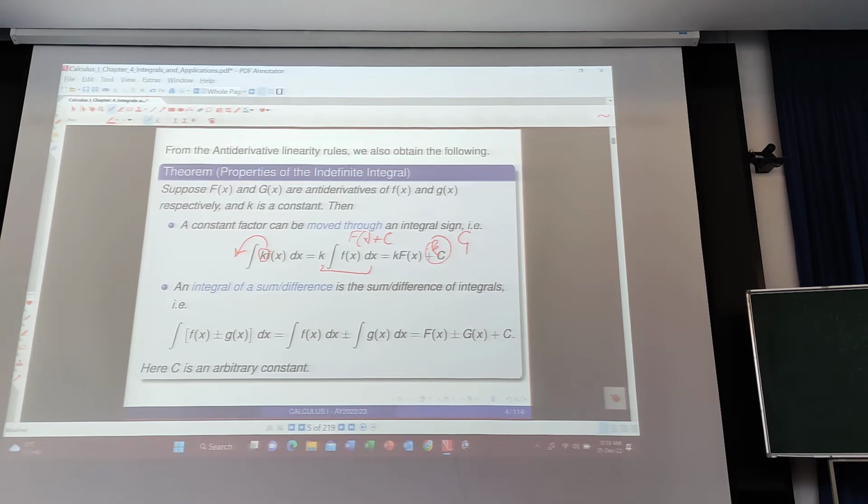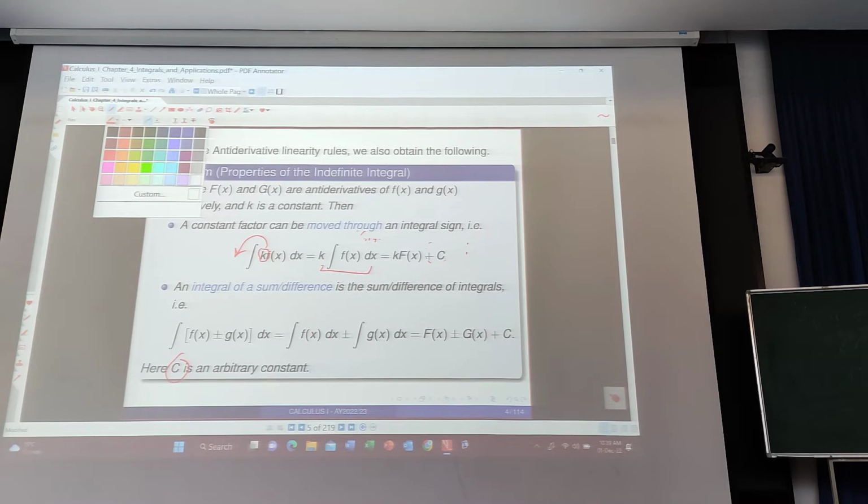But if you don't want to use c1, we want to use c, it is the same. That's the reason we can have c in our formula. No problem, right? Okay?